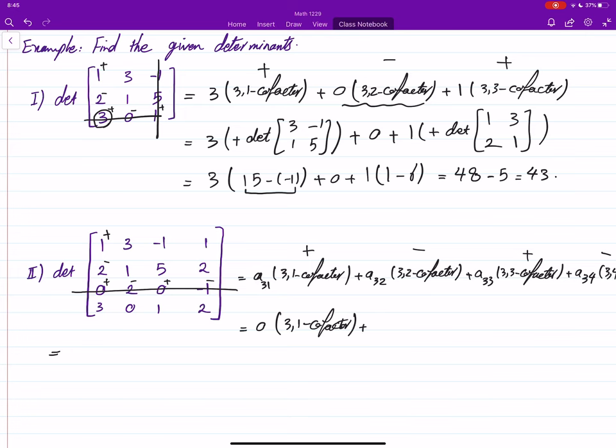Plus 3, 2 is 2, and then the sign of the cofactor is negative, and you see that we have to find the determinant of 1, negative 1, 1, 2, 5, 2, and then 3, 1, and 2.